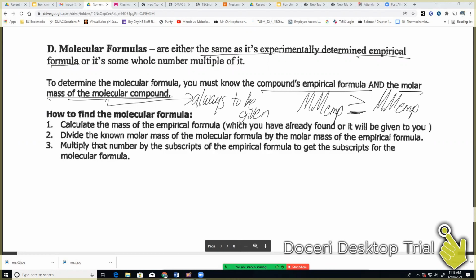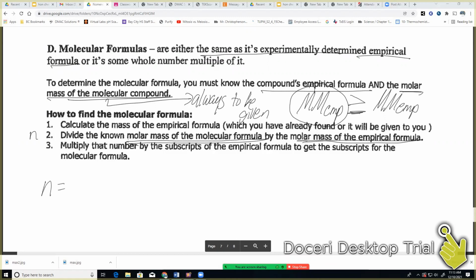All right, so to get through this, you're going to calculate the mass of the empirical formula, which was either given to you or you found. You're going to divide the known molar mass of the whole molecule, so that's this one, by the molar mass of just the empirical. And when we do that, it's going to give us a little n.